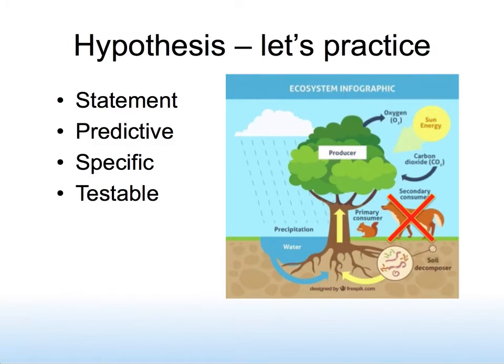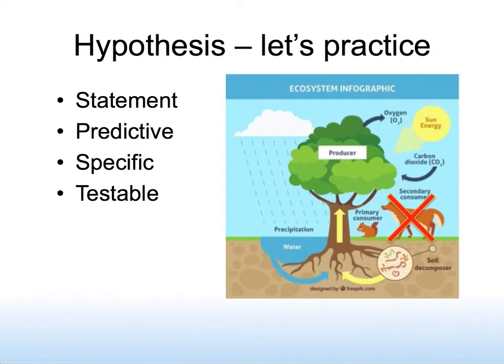So let's come up with a specific hypothesis. Why don't you take a minute to try to come up with one? Okay, so let's think about this. We need a statement that is predictive and testable, right, and specific.